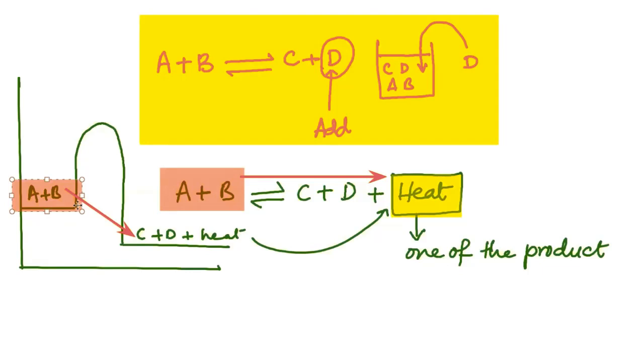So that's why the reaction will proceed in this way. It's quite logical as well, because now we know that for the guys in the green rectangle, C plus D, in order to go back into A and B, they have to cross this high energy hurdle.